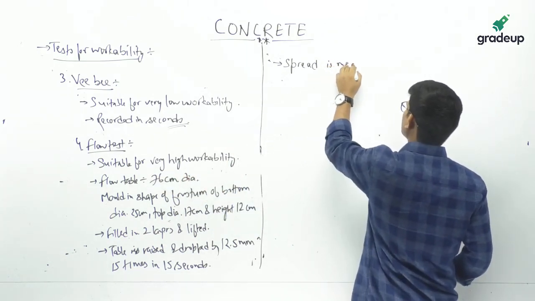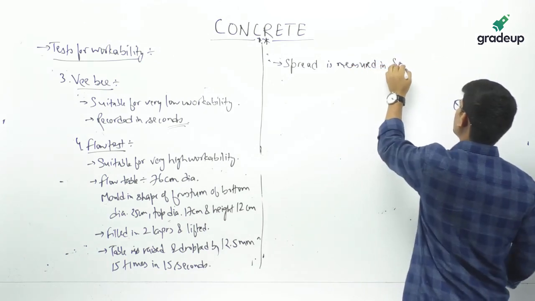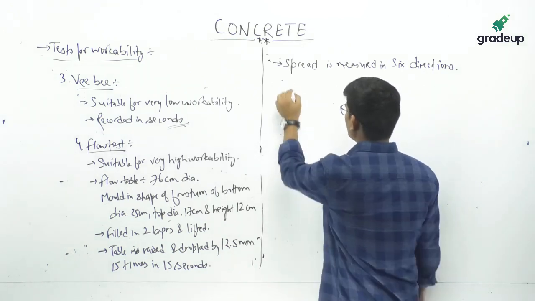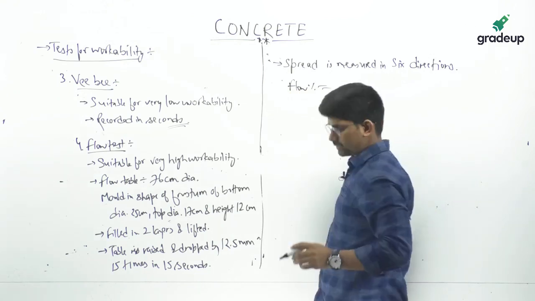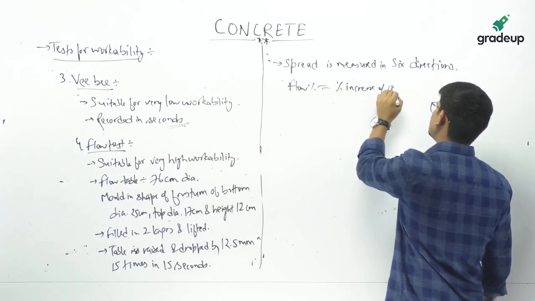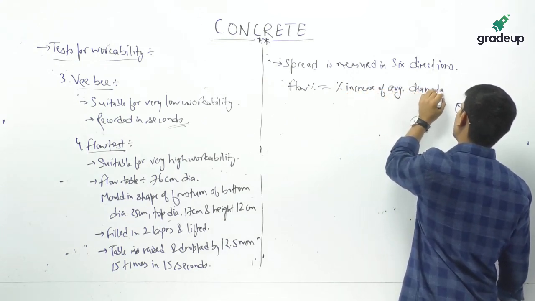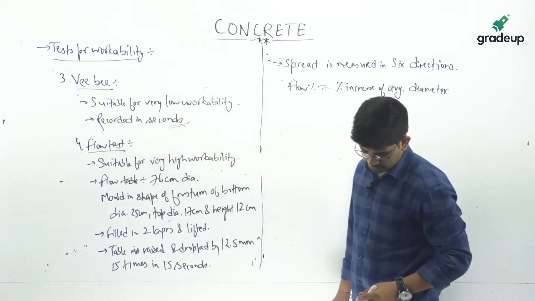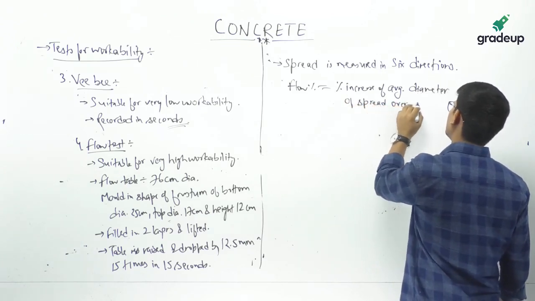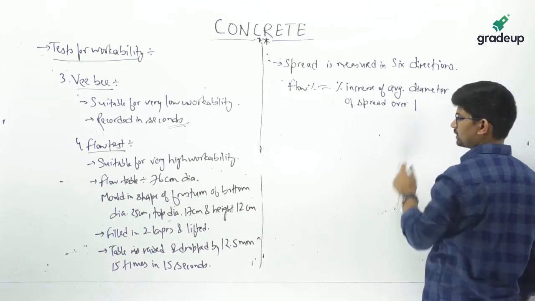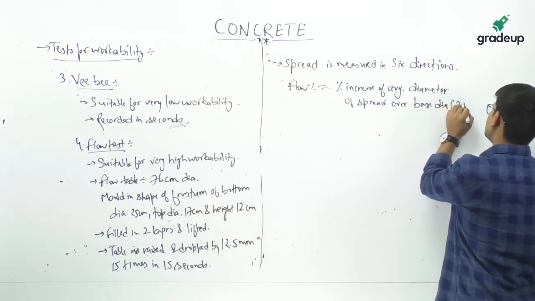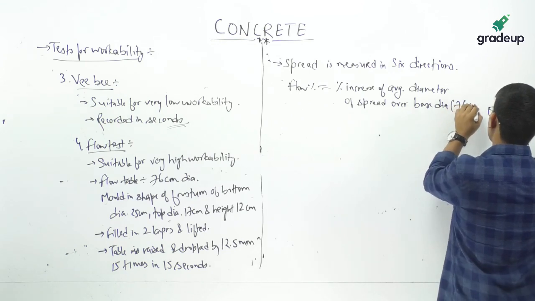The spread is measured in 6 directions, and the flow percentage will be given as the percentage increase of the average diameter of spread over the table base diameter, that is 76 centimeter.